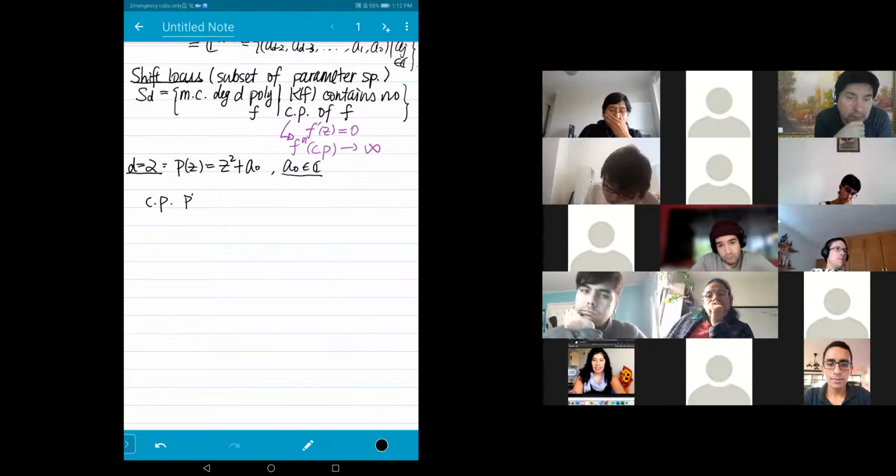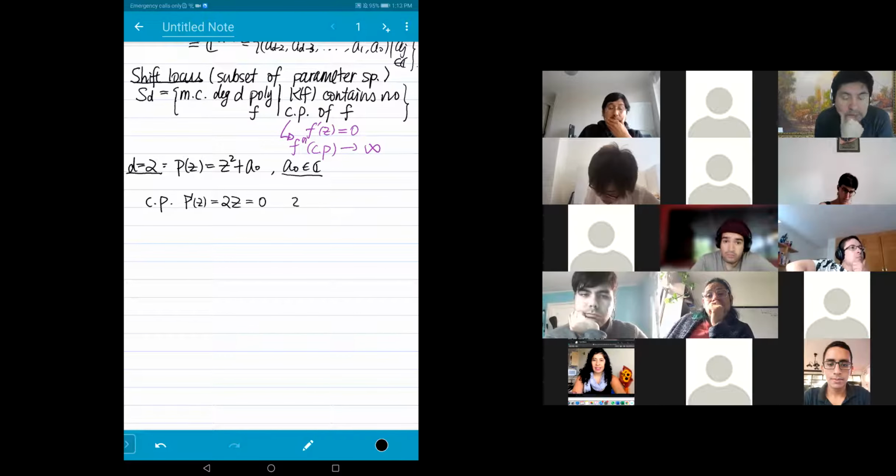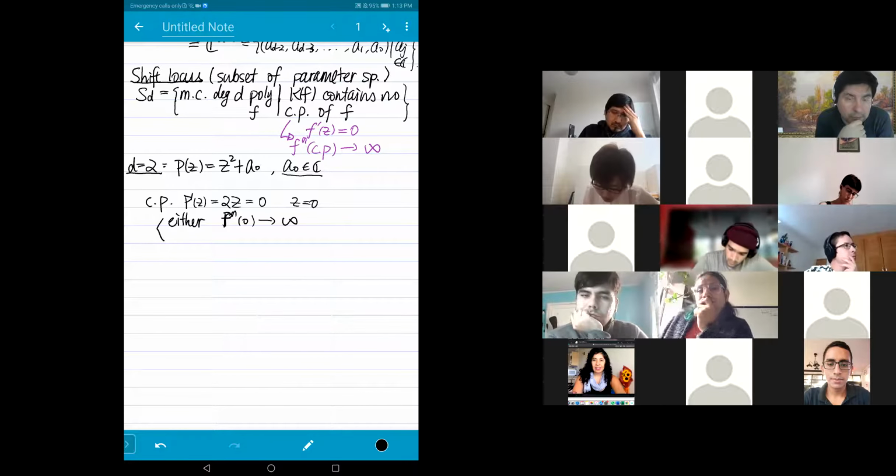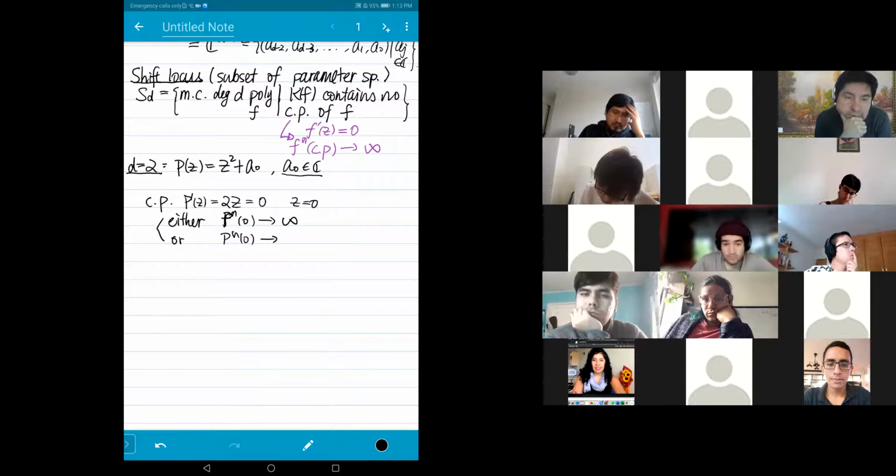The critical point of this polynomial is the zero of the derivative. So that is to say, 0 is the critical point. In this case, we only have one critical point, and there's a dichotomy, right? Either this 0 will go to infinity under iteration of P, or it will not. So you iterate and observe the orbit of this point 0. It either goes to infinity or not.